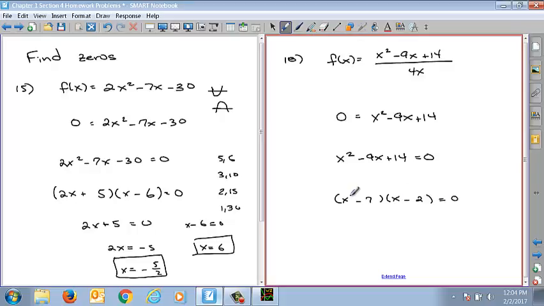And again, you can check it. x times x is x squared. Negative 7x plus negative 2x is negative 9x. Again, for this left-hand side to be 0, either one of the factors can be 0. So we get x-intercepts of 2 and 7.